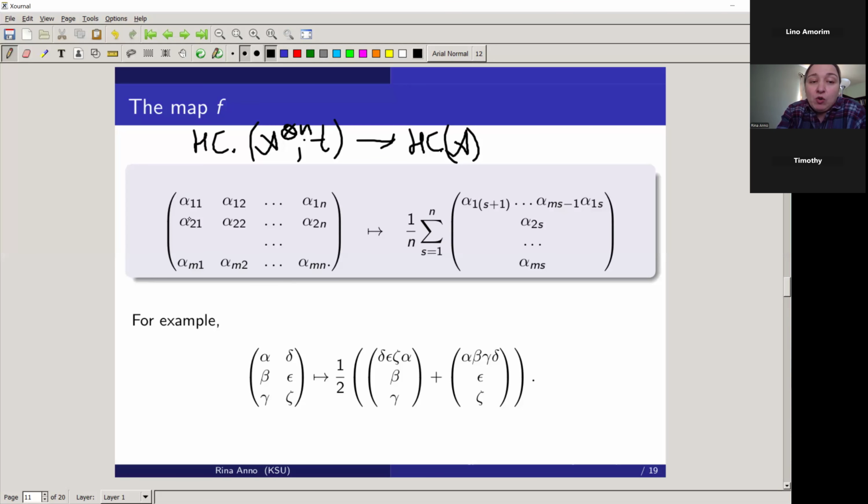For every column, we leave the entries from the second row down intact, and all the other entries from the matrix we gather in the first position in the order that they are composable in. So here is an example with a 3x2 matrix. There will be one summand where we have beta and gamma by themselves, and the only thing that can go to the first position is this delta epsilon zeta alpha. Plus the same thing for the second column.